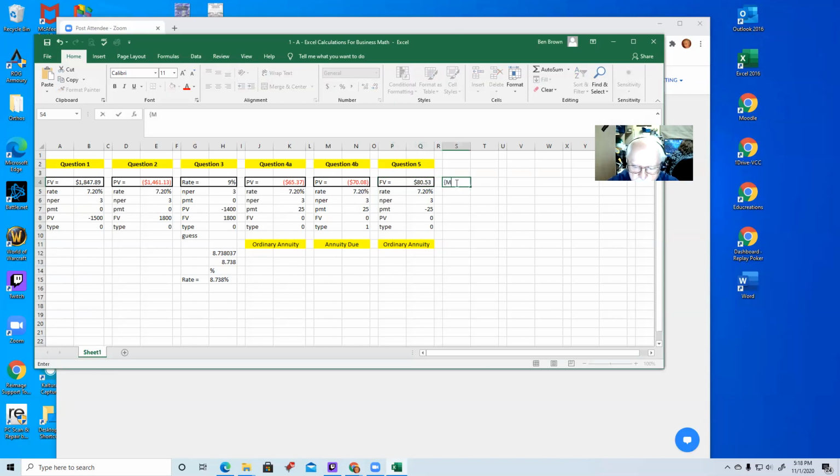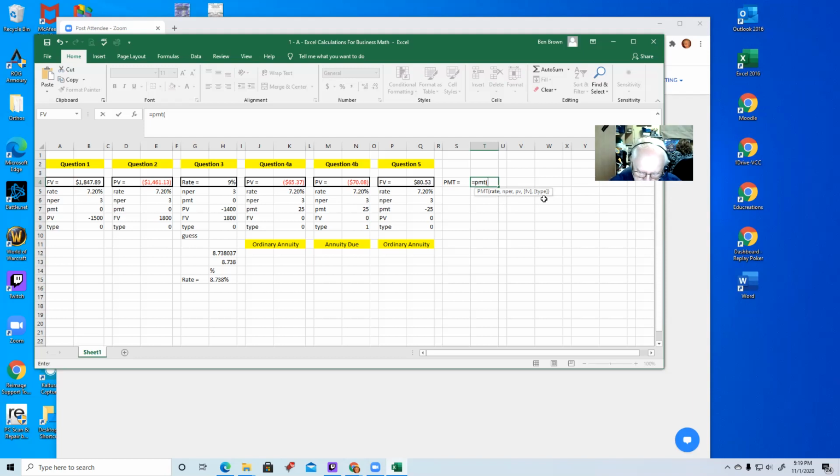So payment equals, and it's going to be equals PMT bracket, and we can see that we're looking for rate, number of periods, present value, future value, and type. So let's make a note of those, because we're going to want to type them down here.